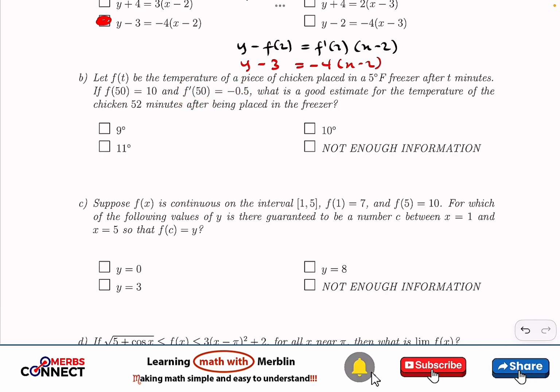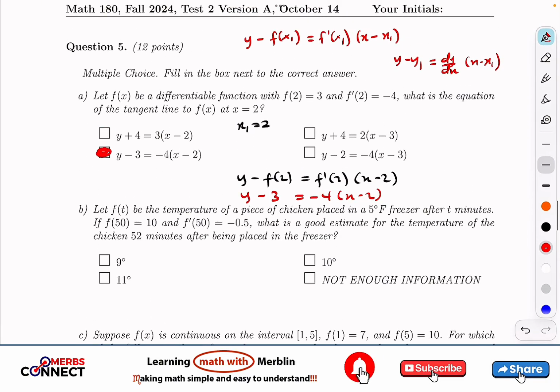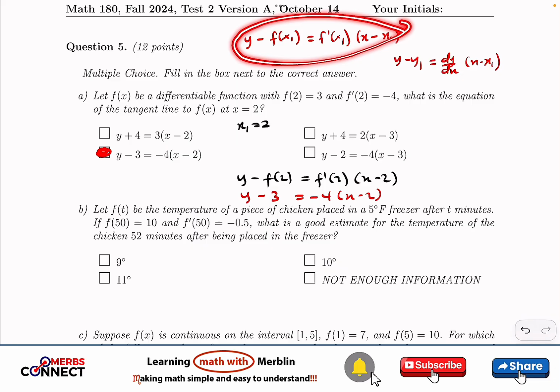What is a good estimation for the temperature of the chicken at 52 minutes? Basically we want to find the approximation. The best thing to do here is linear approximation. I'm going to use the same thing here, but instead of y, I'm going to use f of x.